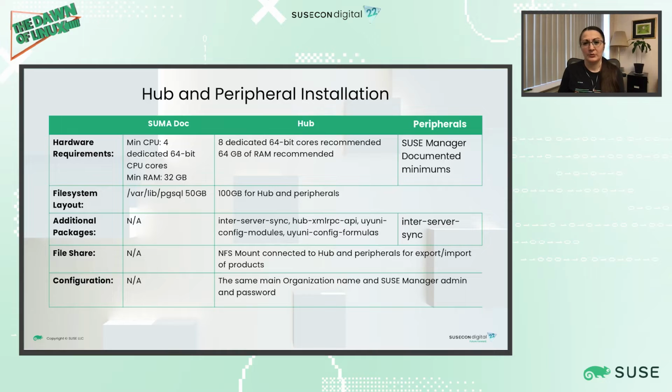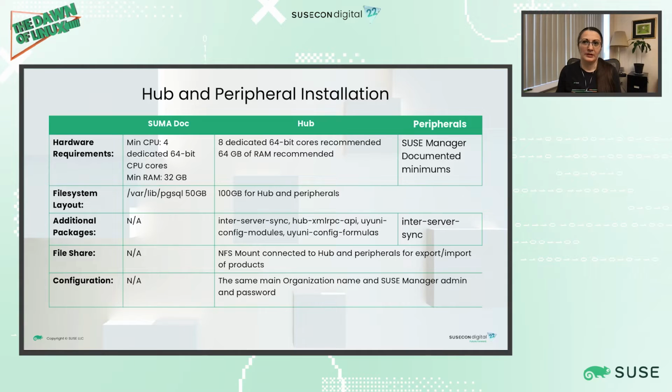For the SUSE Manager peripherals, we have found that for the most part, the documentation minimum requirements might work. But if you wanted to work faster on the import of products, then you could also increase the CPU and memory there. For the file system layout, specifically the database, var/lib/pgsql, that database file system, its minimum required is 50 gigabytes.